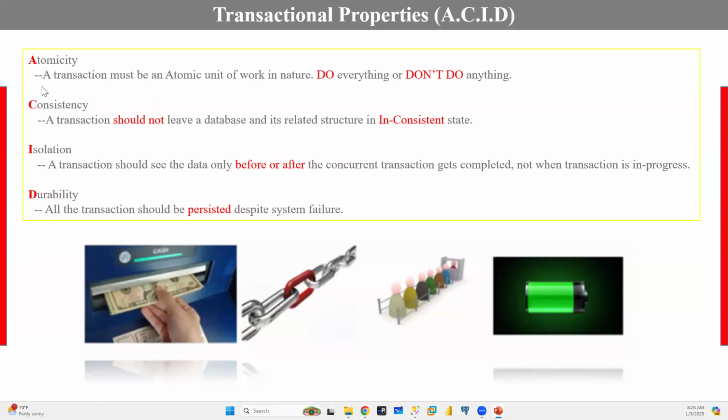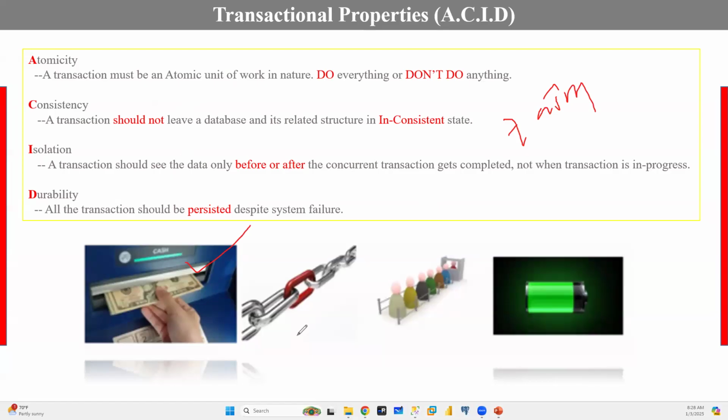Let me explain in a clear way so you can understand easily. For example, you go to the ATM machine and try to withdraw an amount, like $10, $20, or 500 rupees or 1,000 rupees.